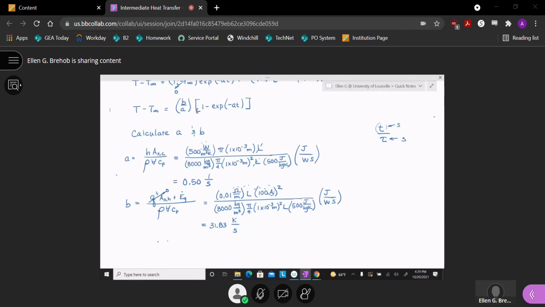Okay. All right, so here I had it. I'm looking at A. I got a Kelvin up here, and I got a Kelvin down here, so I got rid of my Kelvin. Is that where your question is? No, I think it's just I saw joules per watt seconds in the second for B, so it should be joules Kelvin per watt second. Or is that not the case?